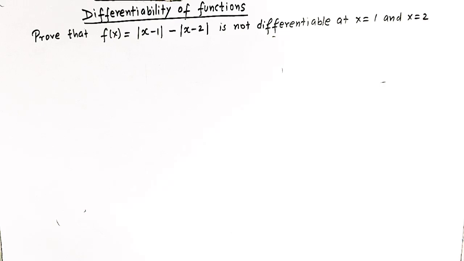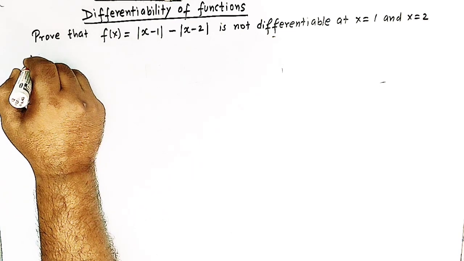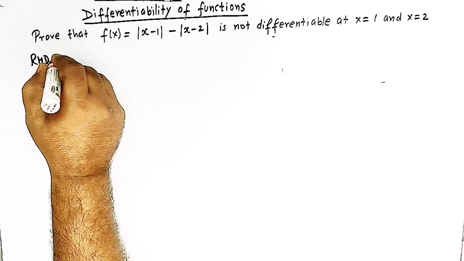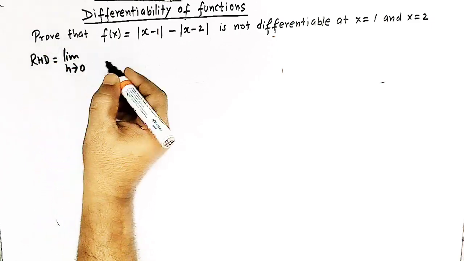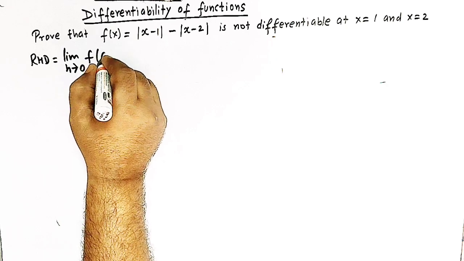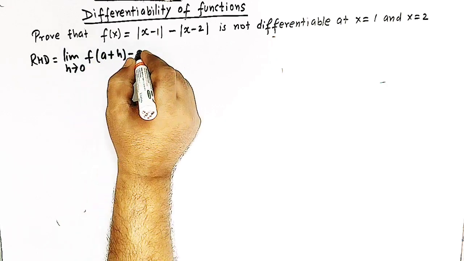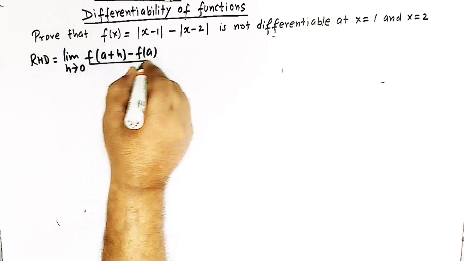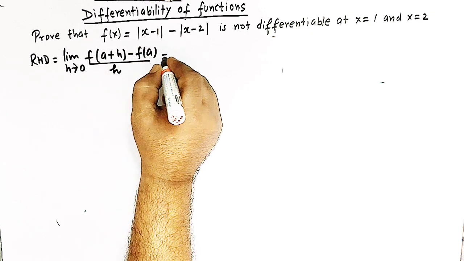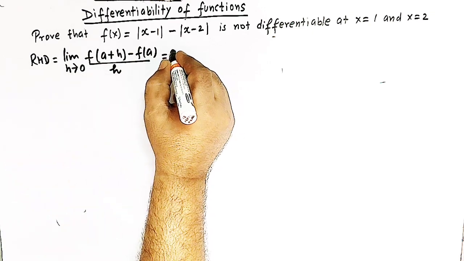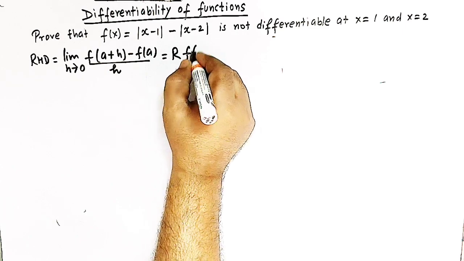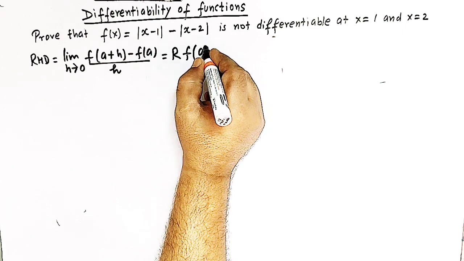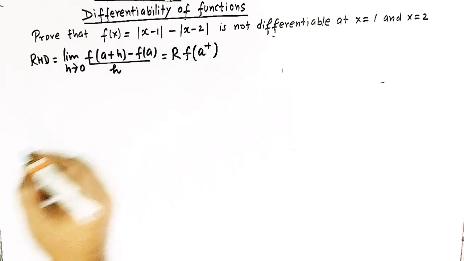So now let us first define the right hand derivative and the left hand derivative. The right hand derivative is defined by this limit, that is limit h tends to 0, f of a plus h minus f of a divided by h, and here the notation may be taken as R for the right hand derivative, and then we have f prime of a positive, right?